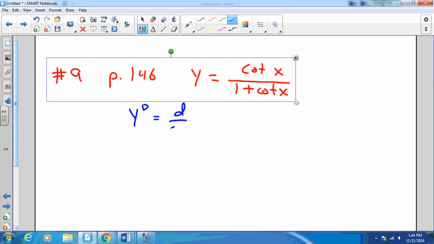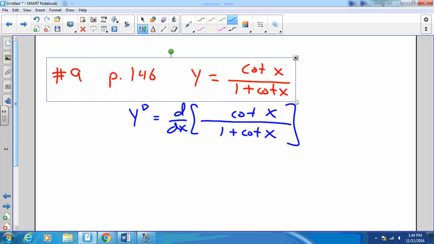They wanted y prime, and so y prime is going to be equal to d/dx of. And I believe when you guys did your work, all of you did this with quotient rule, and I think everybody did it correctly, but we'll go ahead and walk through that process.